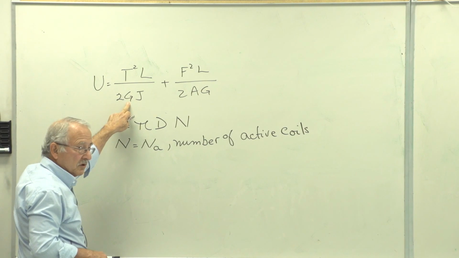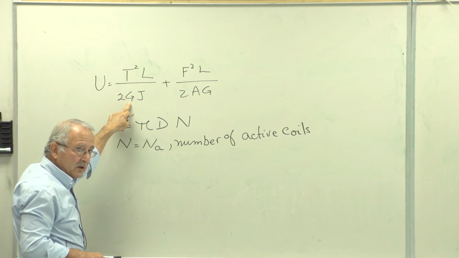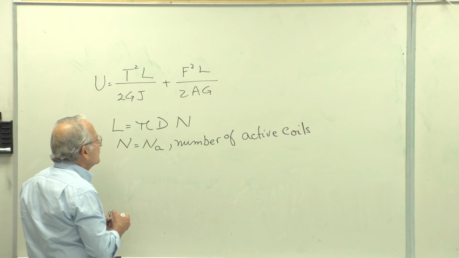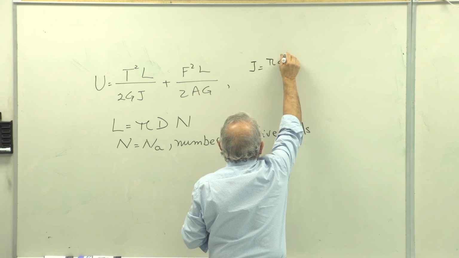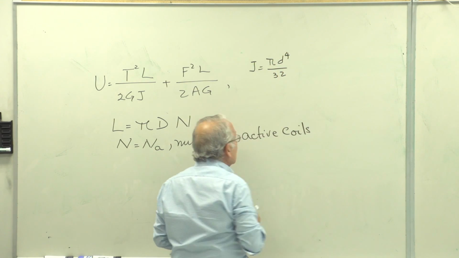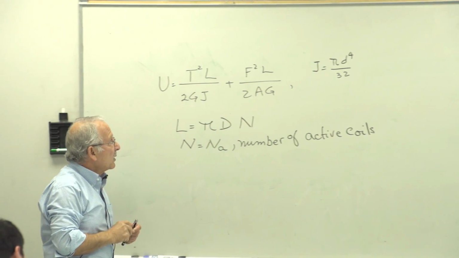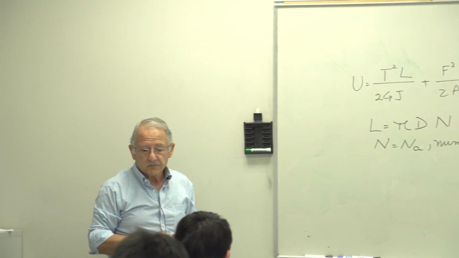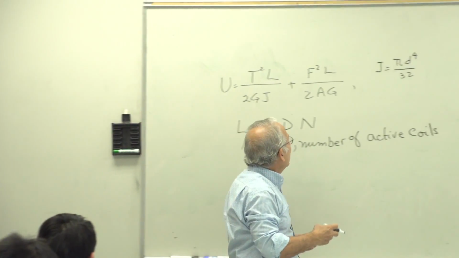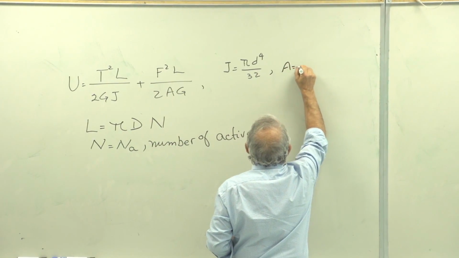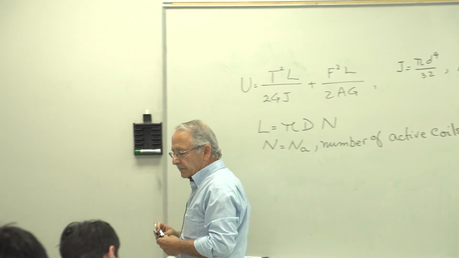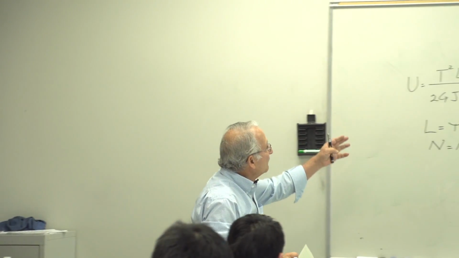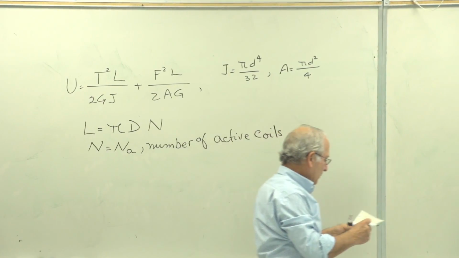G, modulus of rigidity of the spring material of the wire. J, pi d to the fourth over 32. Remember, d is the wire diameter. A, pi d squared over 4. And if we substitute all of these into this equation, this is what we find.